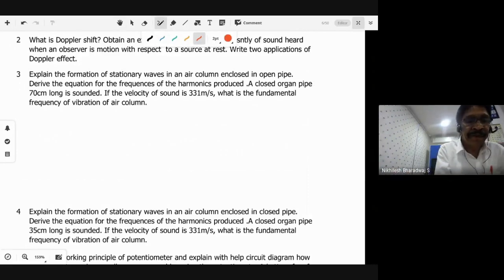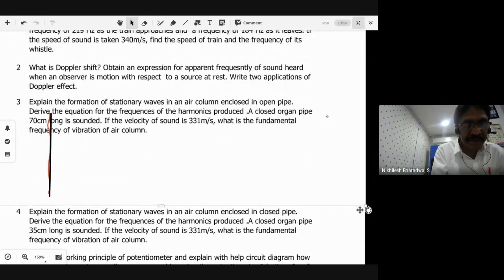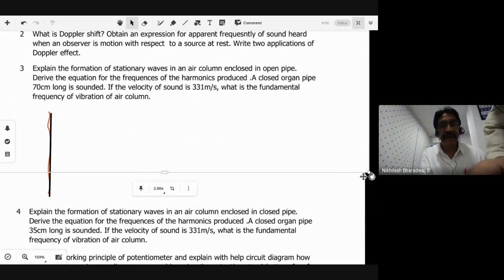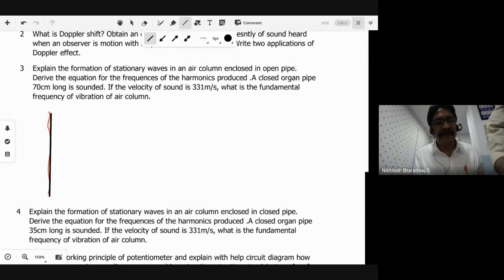Okay. So here, this is another page. Okay. Derivation, hope that you can do it.